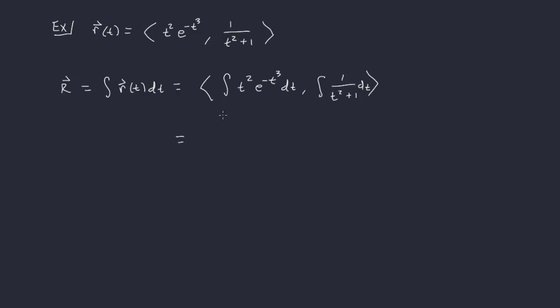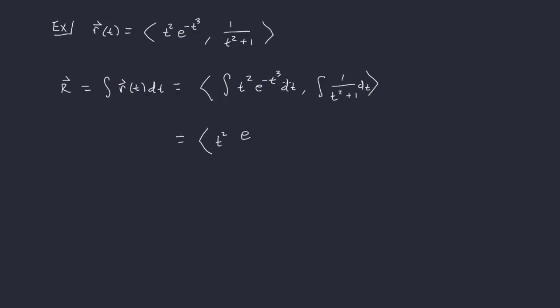If you're not familiar with quick u substitution, if you didn't take me for Calculus 2, there's a video in the Calculus 2 playlist. If you go there on my YouTube channel, there's a description of what quick u substitution is and a lot more examples than we'll do here. But basically, we're going to leave the t squared alone.